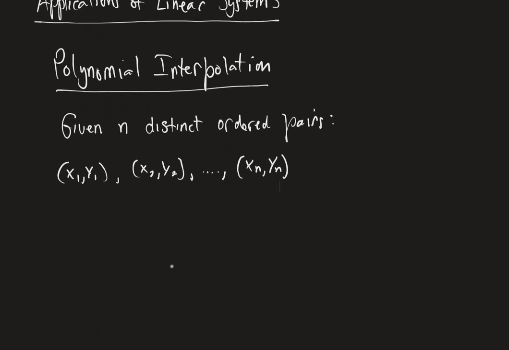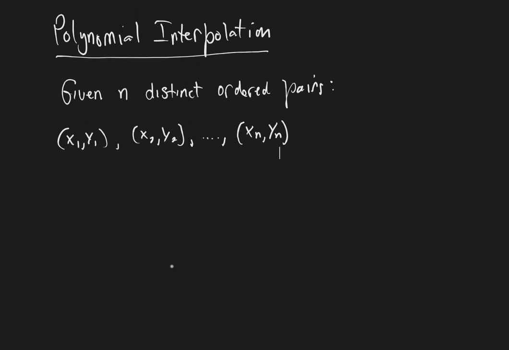Now, before I tell you what we want to do with them, one of the first things you learn to do with ordered pairs is how to plot them. Just for simplicity, I'm going to assume that the ordered pairs are in the first and second quadrants. So they might be here, here, here, and so on.